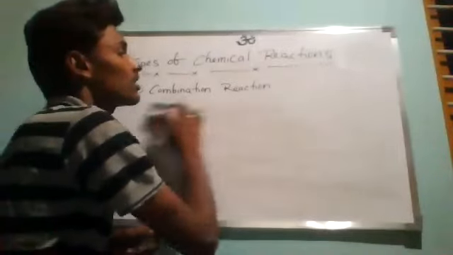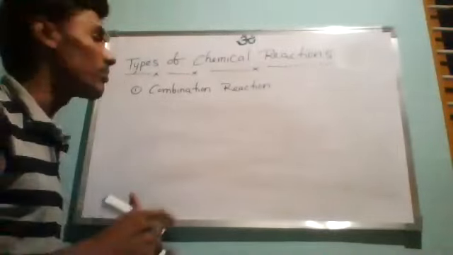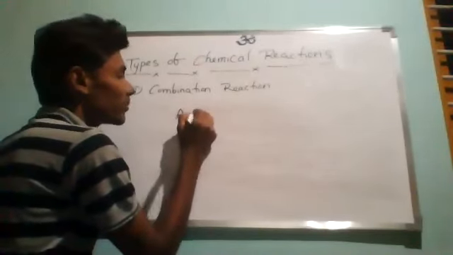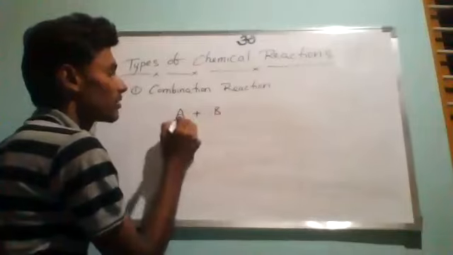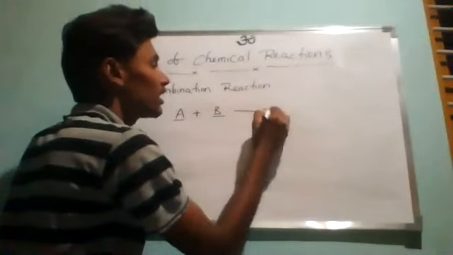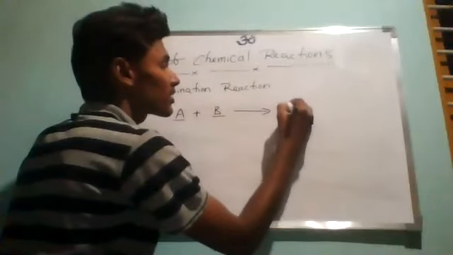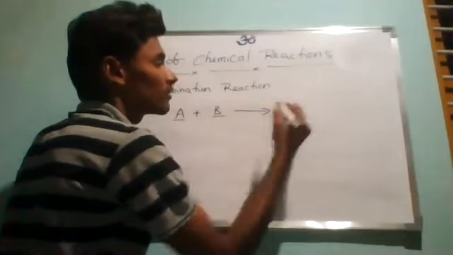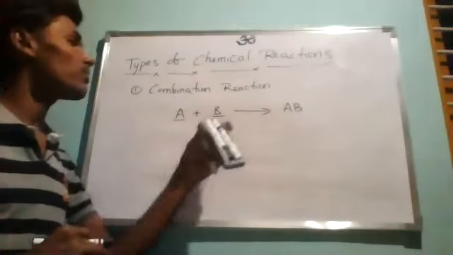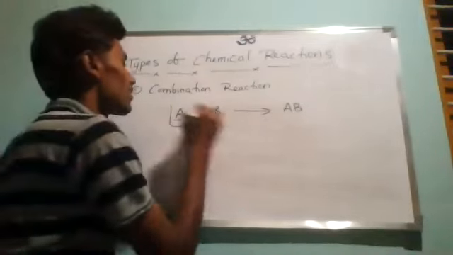Combination reactions are generally represented mathematically like this: A plus B. Let me assume A is one substance and B is another substance. These two will react together and form a single substance called AB. This is the symbolic representation of a chemical equation.